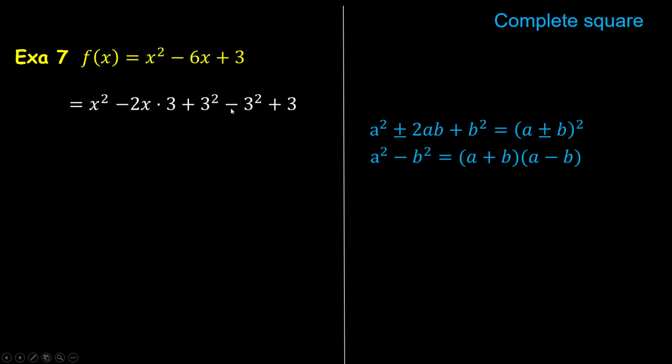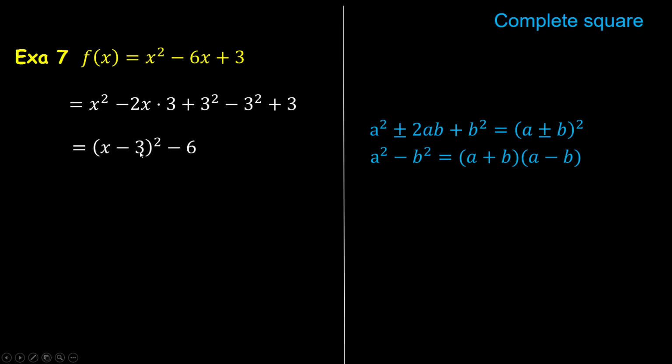Because you added a 3 squared, let me subtract the 3 squared to balance that. And then you still have the plus 3. Obviously, this is the same as before because the 3 squared cancel each other. So now you group the 3 terms together and apply this formula. That gives you (x minus 3) squared.